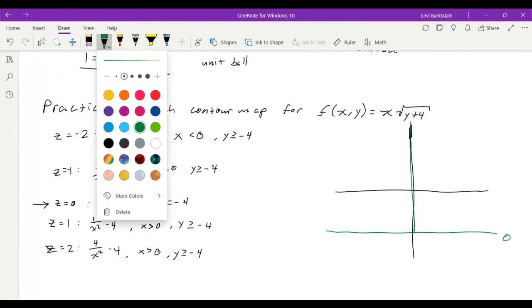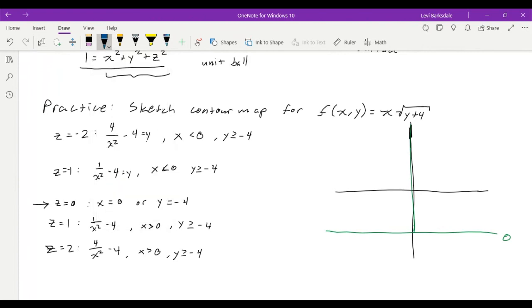And we'll move on to the positives. When z is equal to +1, we get y equals 1 over x squared minus 4 for only positive x values. So that would be something kind of like this. And for z equal to 2, the same thing, but we have a 4 over x squared instead. Something kind of like this.